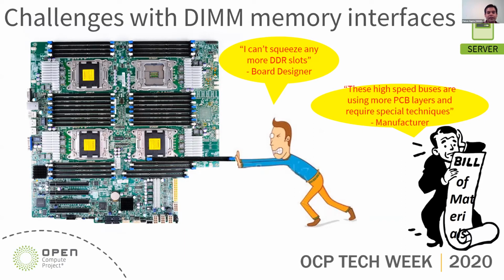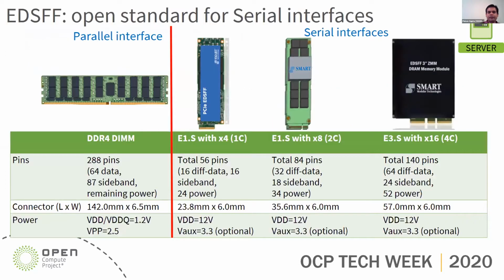They use a lot of pins, and it becomes very hard for CPU manufacturers to add dedicated pins just for memory. So adding more DIMM slots on a server is really not a viable option, and therefore the industry trend today is moving to serial interfaces. We'll be covering some serial interfaces in the sections next to this slide.